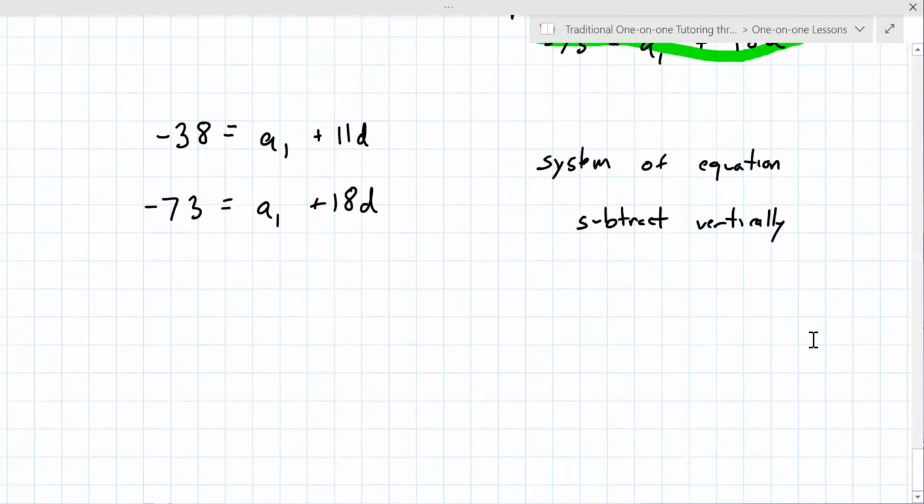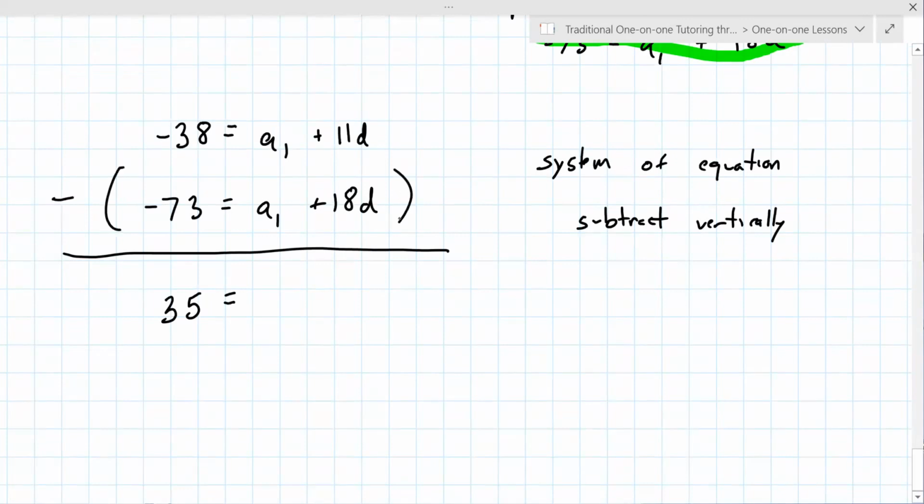Sorry, that went too far on that. So you subtract vertically. You take this minus 38 and you subtract minus 73. Minus 38 minus a minus 73 becomes positive 35. You're subtracting this whole line here. So now it's a1 minus a1.